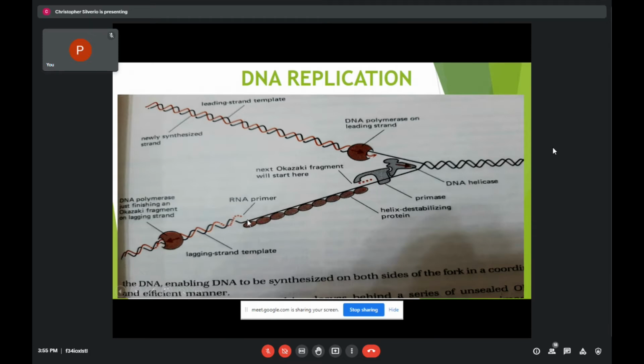Okay, it will be straight because the lagging strand will not be replicated if it is not straight. Okay? And what makes it straight? It is the helix destabilizing protein.